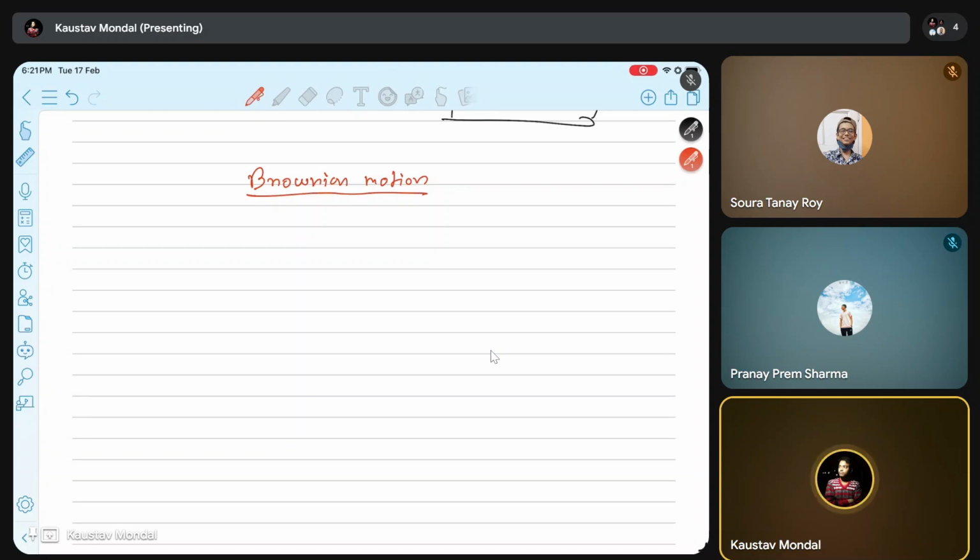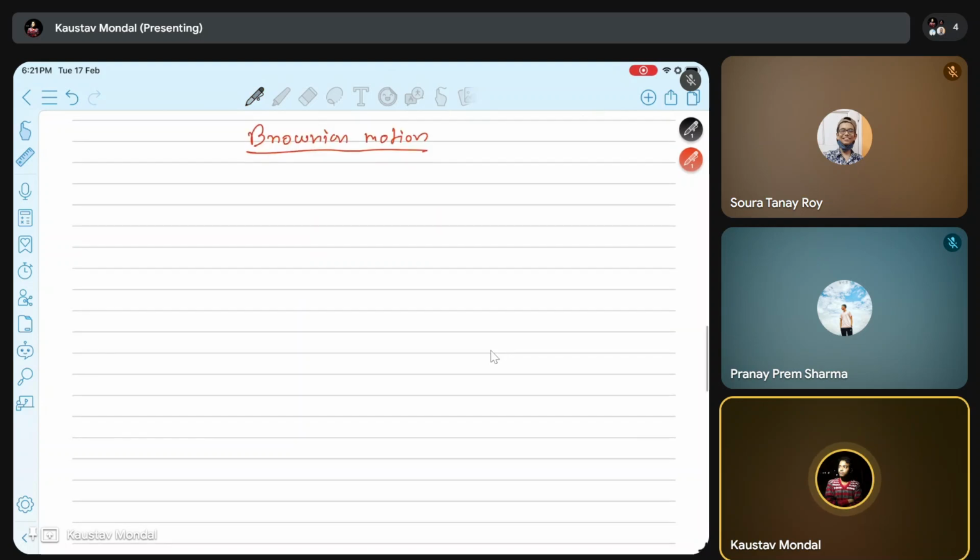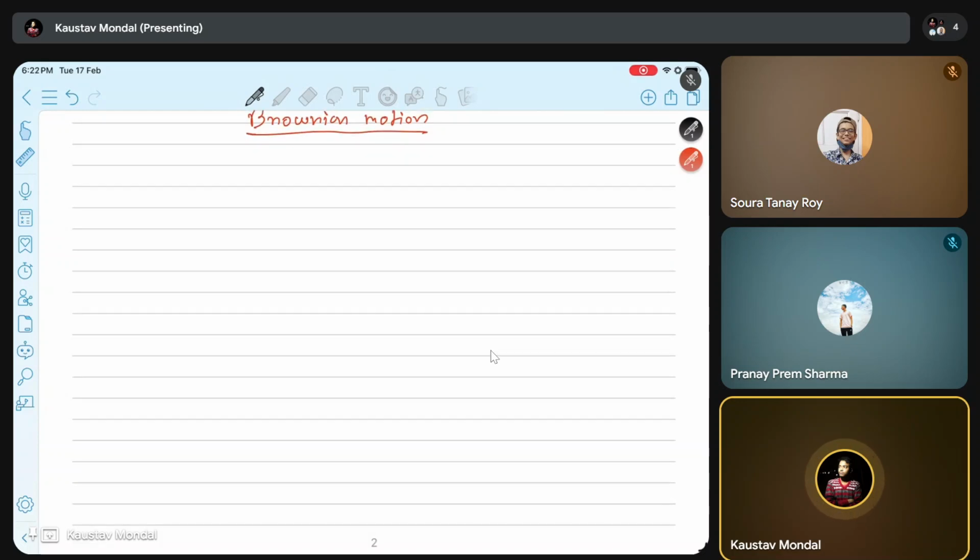Now there are many characteristics of Brownian motion, and these characteristics are very important. If you want to derive any equation of motion of the Brownian particle, or study any statistical property in terms of mathematics, you always have to consider these features of Brownian motion.